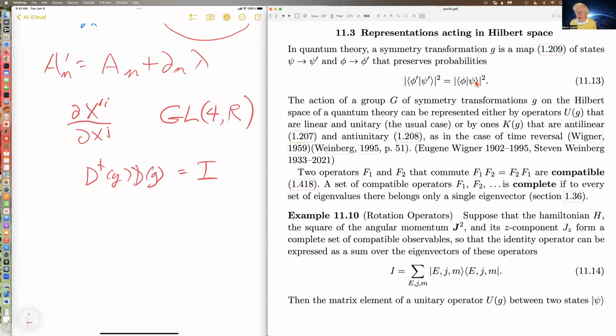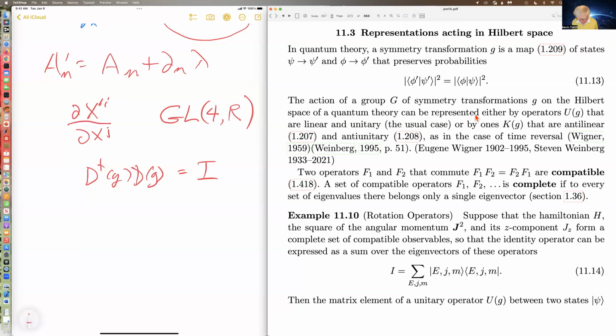So in other words, the probability of psi being phi is the same as the probability of psi prime being phi prime. And one of the important theorems that was proved by Wigner and improved by Weinberg is that the action of a group of symmetry transformations on the Hilbert space of a quantum theory can be represented either by operators U of G that are linear and unitary.